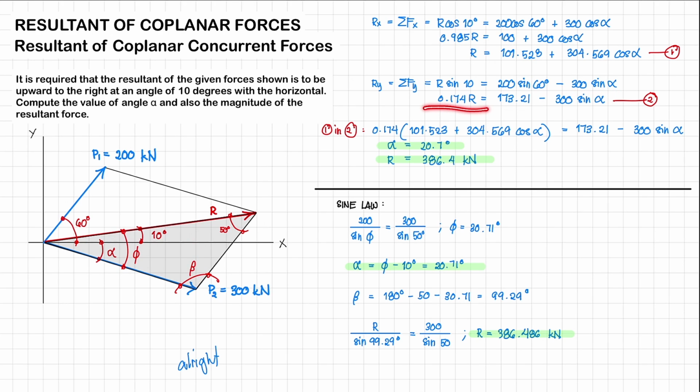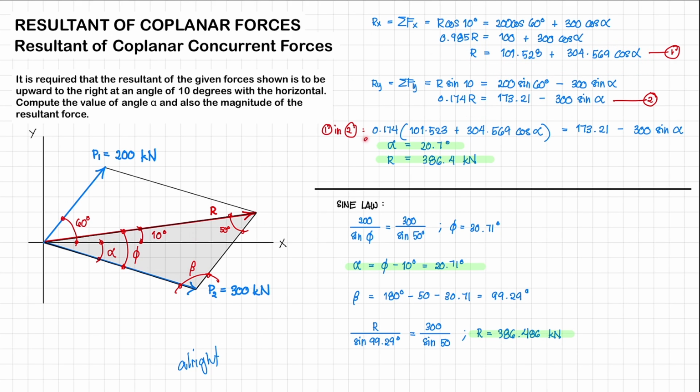Simplify this, we have 0.174R is equal to 173.21 minus 300 sine alpha. Excuse me. So this is going to be our second equation. Again, there are different ways on how you could solve this, but what we're going to do is substitute R, the equation for R, in this equation.